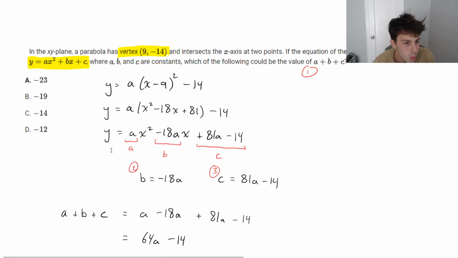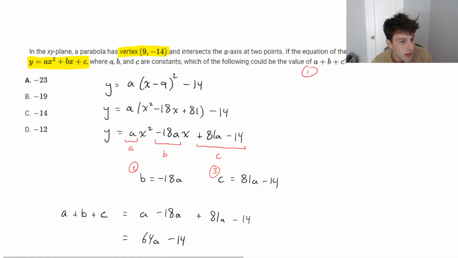So what we're going to be doing here is looking for one of these solutions that makes this work. So we know that all of these will work. We will be able to find the solution for a, b, and c by plugging in any of these values.